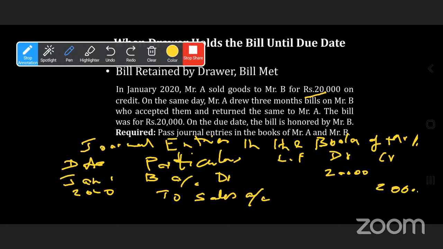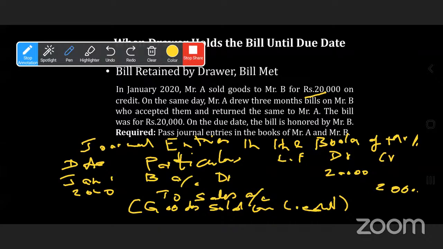You have to write the narration as goods sold on credit. Got it? Is it okay for you?